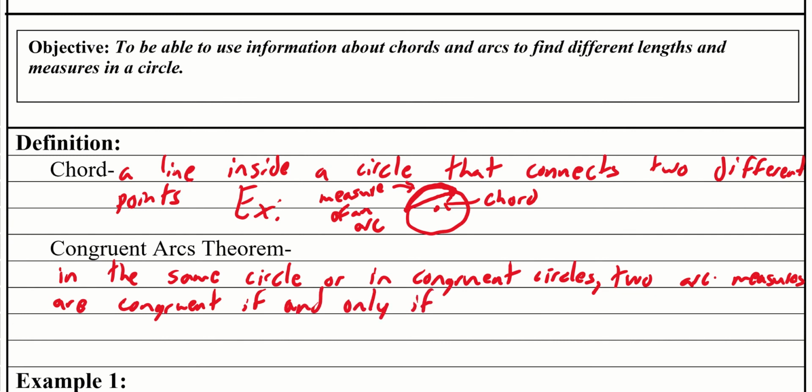We're going to say those measures are congruent if and only if their chords are also congruent.